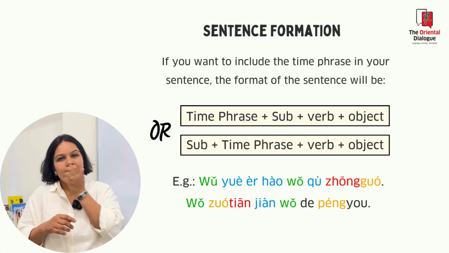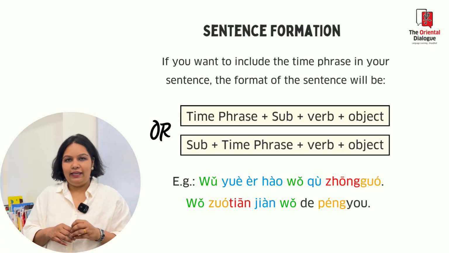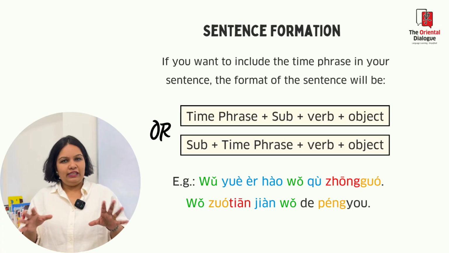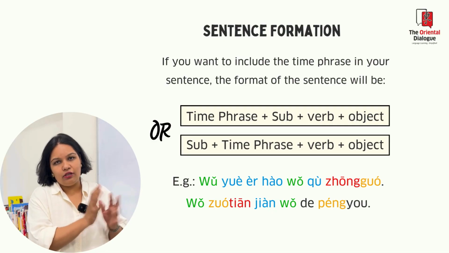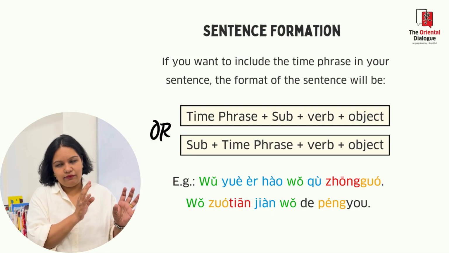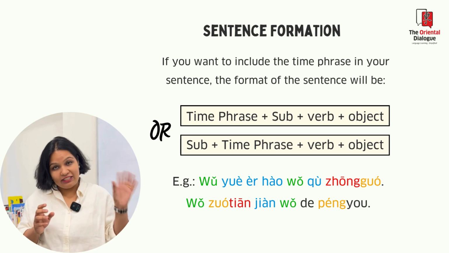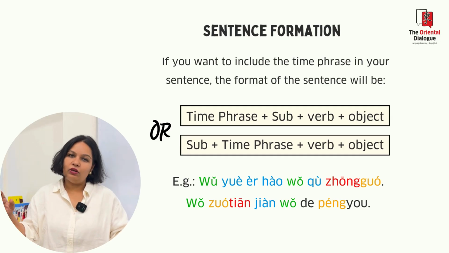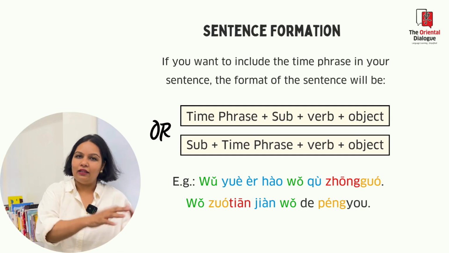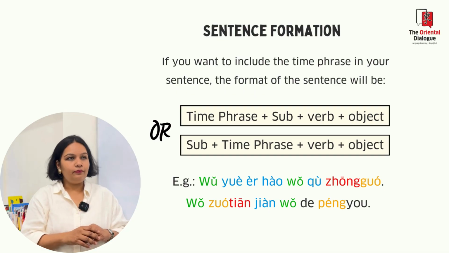When you are constructing a sentence with, say, 今天, okay, 今天她看电视. Today she's going to watch TV. So first you talk about the time, which is 今天, and then you tell what the person is doing, like 她看电视.